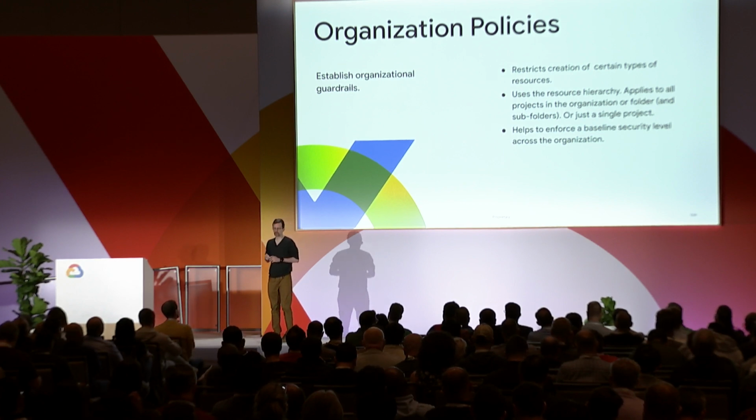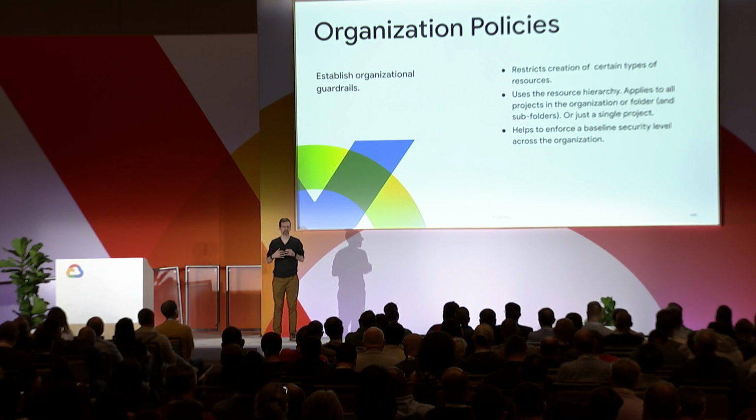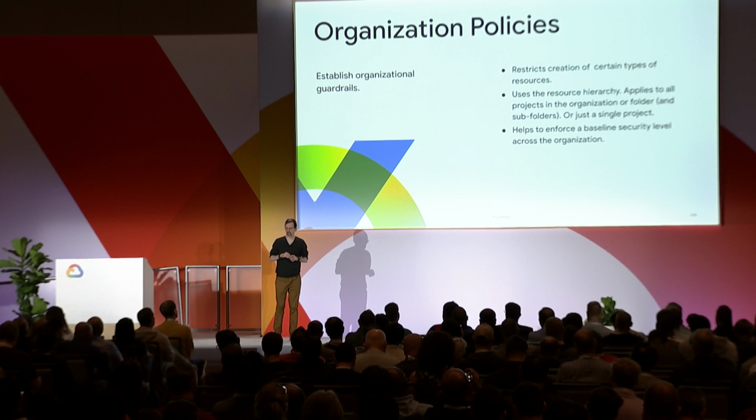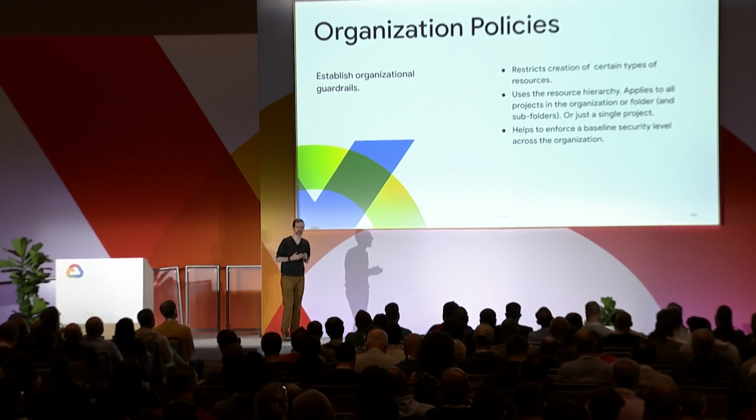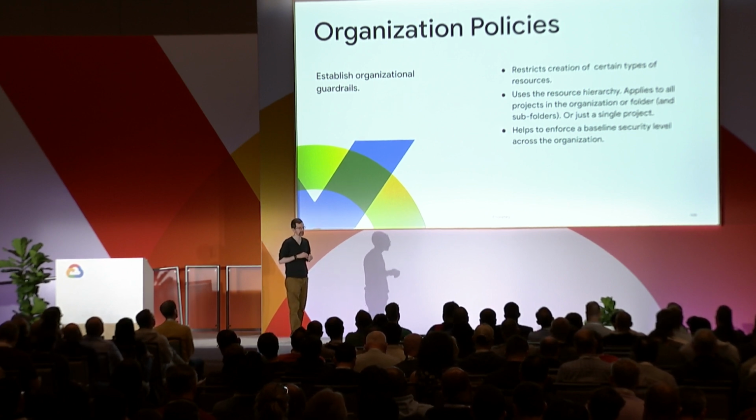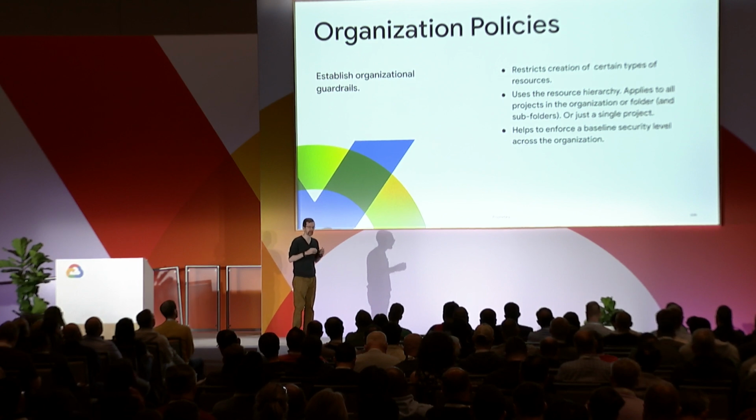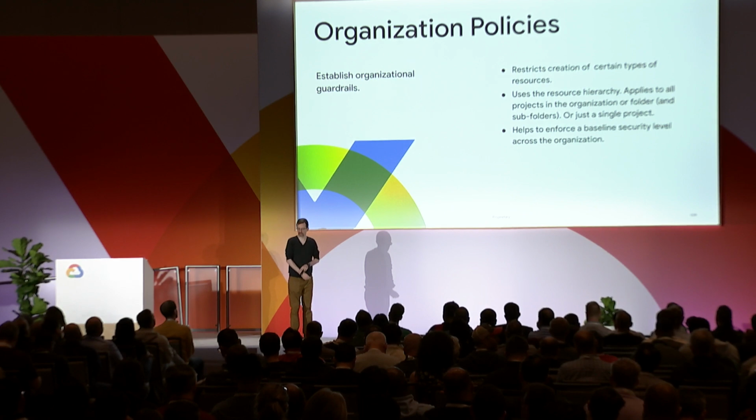What these do is help restrict the types of resources that we can create within the project. This includes things like service accounts and IAM policy, right? So there's a number of things that we can do to limit what types of service accounts and what sorts of roles we can create within our organization.